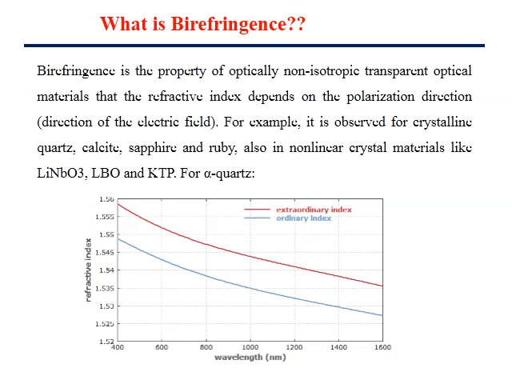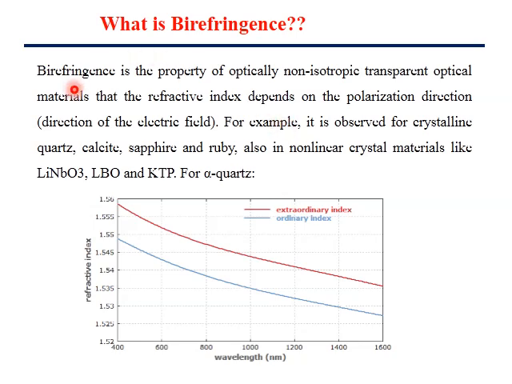Now this birefringence that we mentioned in the previous slide is something very interesting. What it means is that the same material can have two refractive indices depending on the polarization direction.